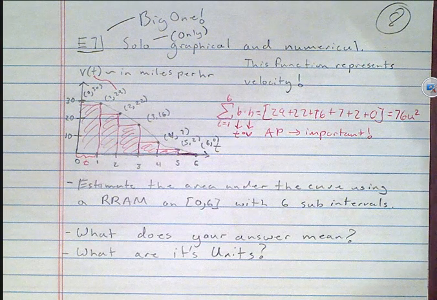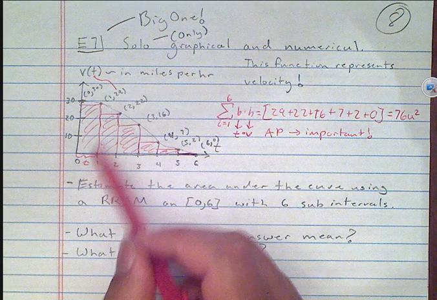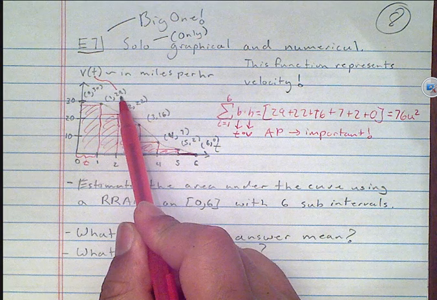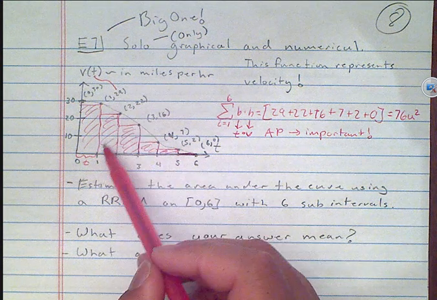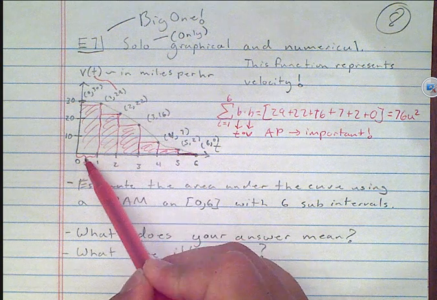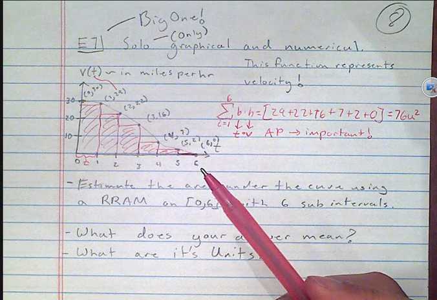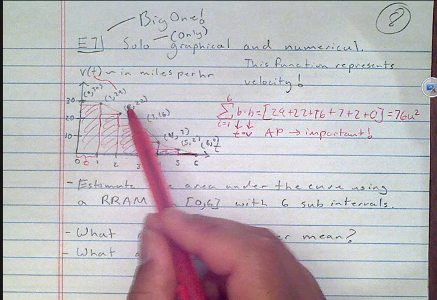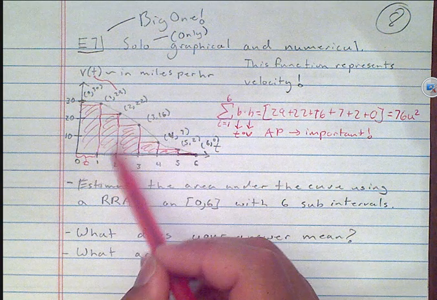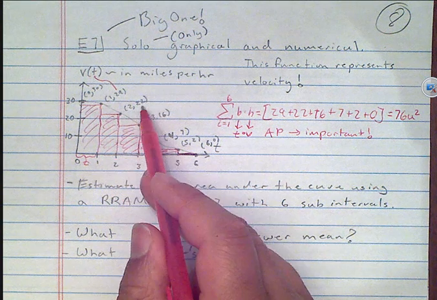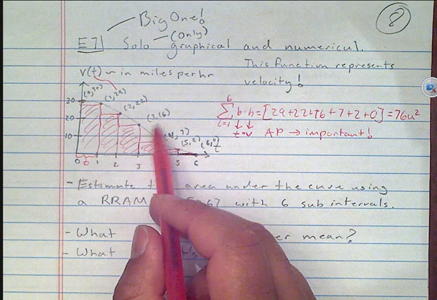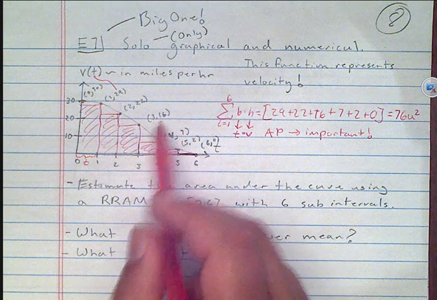So let's do an experiment. If you drive 29 miles per hour for 1 hour, what's the distance you've traveled? 29 miles. And if you do 22 miles per hour for 1 hour, you've driven 22 miles. And if you've done 16 miles per hour for 1 hour, you've done 16 miles.